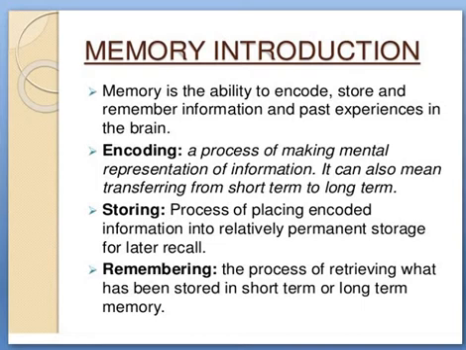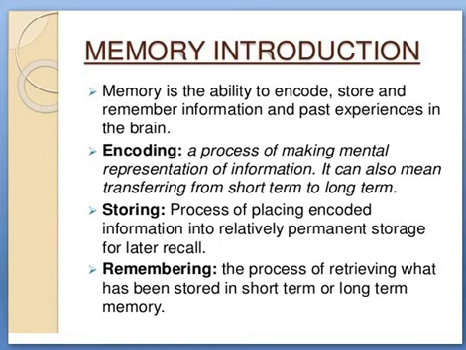Whenever an external stimulus impinges on our sensory organs, it generates neural impulses. These are received in different areas of our brain for further processing. In encoding, incoming information is received and some meaning is derived. It is then represented in a way so that it can be processed further. The second one is storage, the process of placing encoded information.